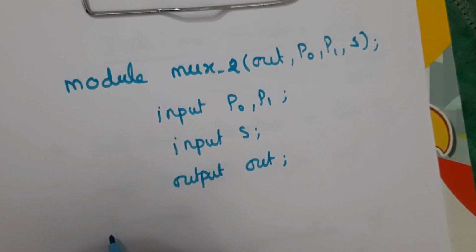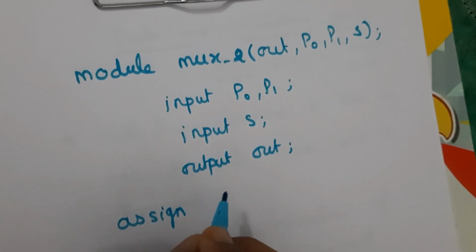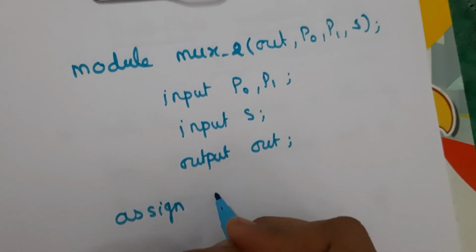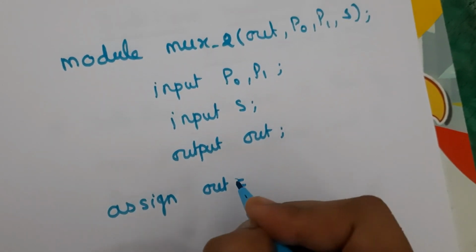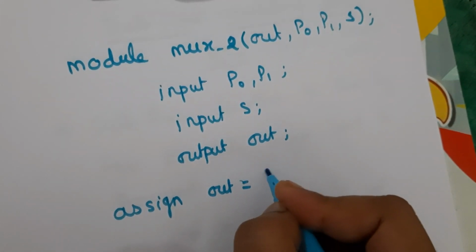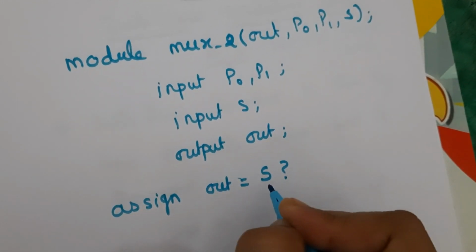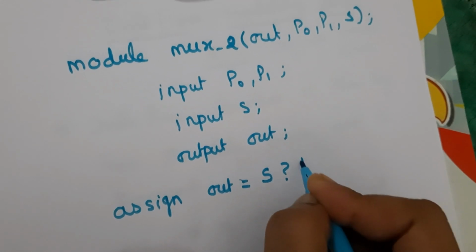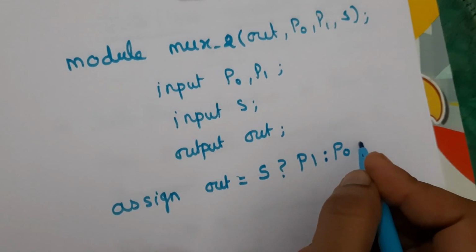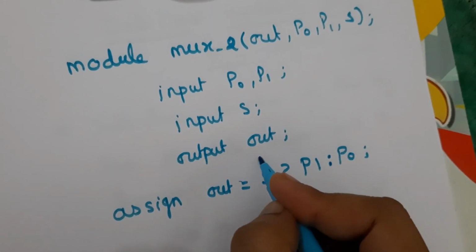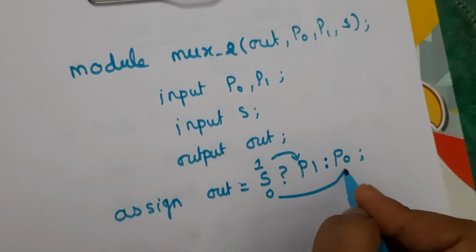Now I use the keyword assign, and this assigns the value to this output. I use a conditional statement here: when S is equal to 1, we will get P1 as the output, else we will get P0 as the output. So when S is equal to 1, we get P1; when S is equal to 0, we get P0.